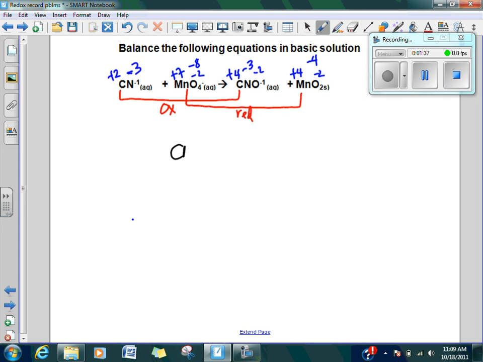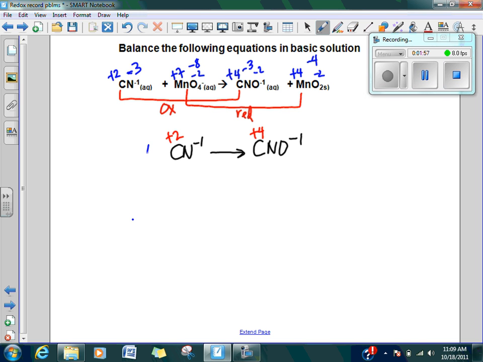And remember that we are just going to carry down the charges of the ones that actually change. And so the carbon is changing from a +2 to a +4. And now I need to balance out all of my elements. Carbon, carbon, nitrogen, nitrogen. That looks good.